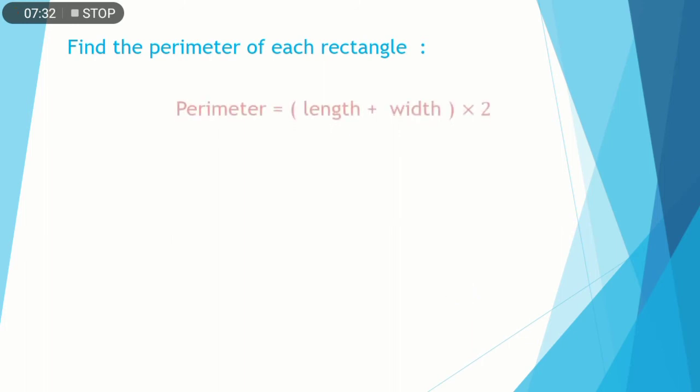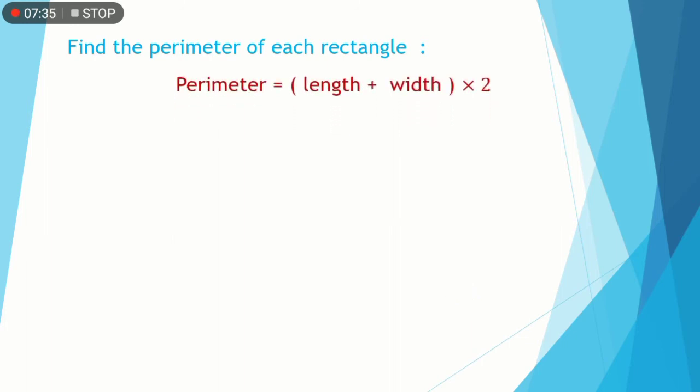The next one: find the perimeter of each rectangle. I will put the rule first. Perimeter of a rectangle: length plus width, all times 2. I have the first example: a rectangle with 3 and 3, 2 and 2.